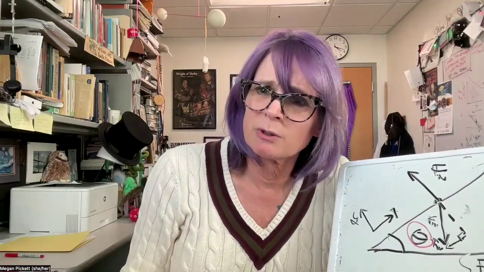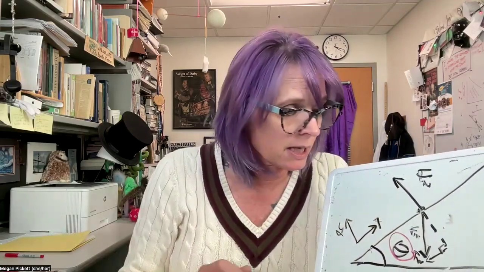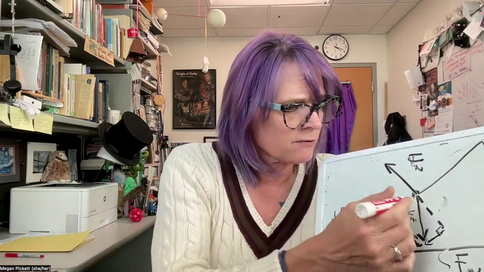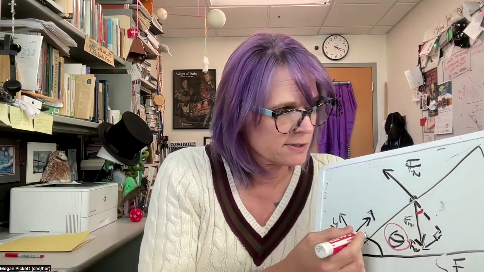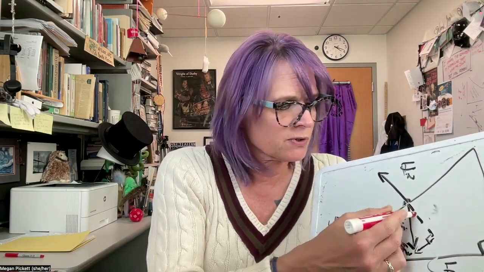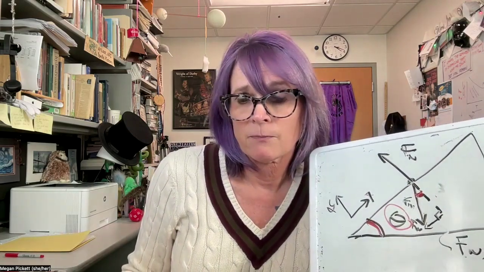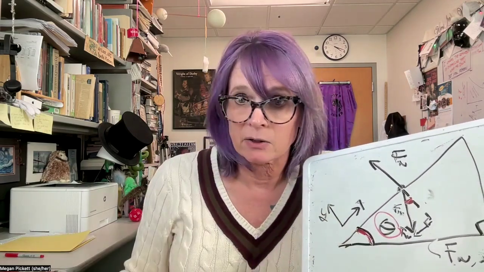You could use some other trigonometric arguments if you extended these things down and used parallel lines. But try and convince yourself, especially in this exaggerated form, that this is a narrow angle here and this is a narrow angle here, right? For almost every ramp problem that we do, that's going to be the case, that the top of that triangle is equal to this bottom angle.